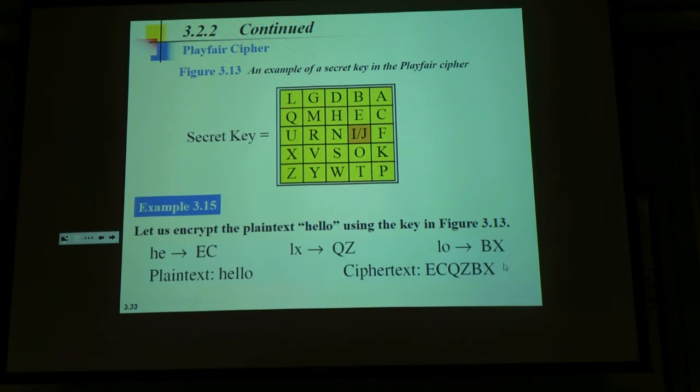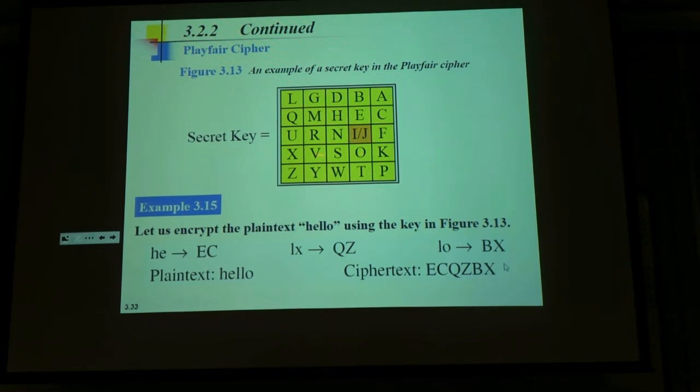C. Let's take LX. Where is LX? What's after L? Q. What after X? Z. LO: where is LO? They are not in the same line or same column, so take the intersection. For L, it will be B. You see, L and O intersect at B. We put B. Then O: O intersects with L and X. We put X.